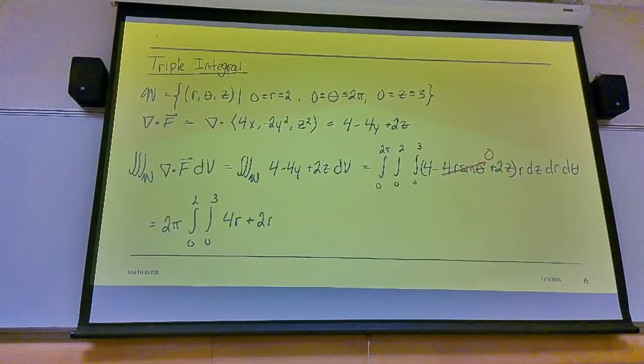Actually, scratch that. I don't want to stick that r through. Integrate with respect to r now. Why is it minus 2z now instead of plus 2z?